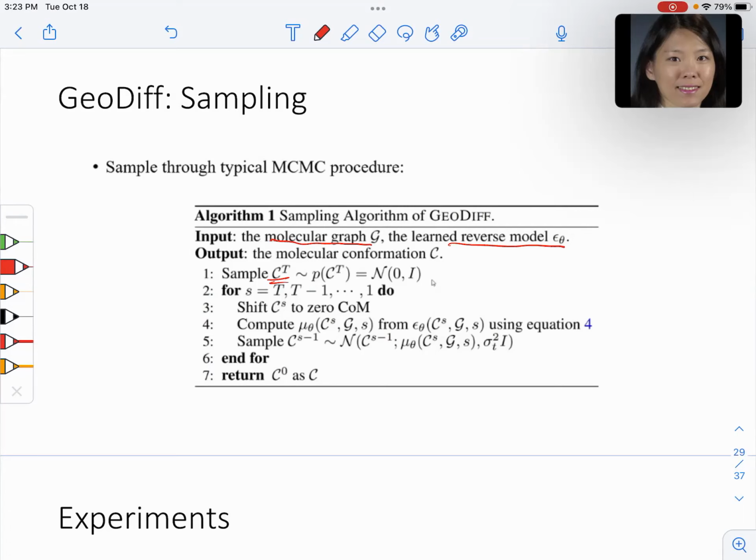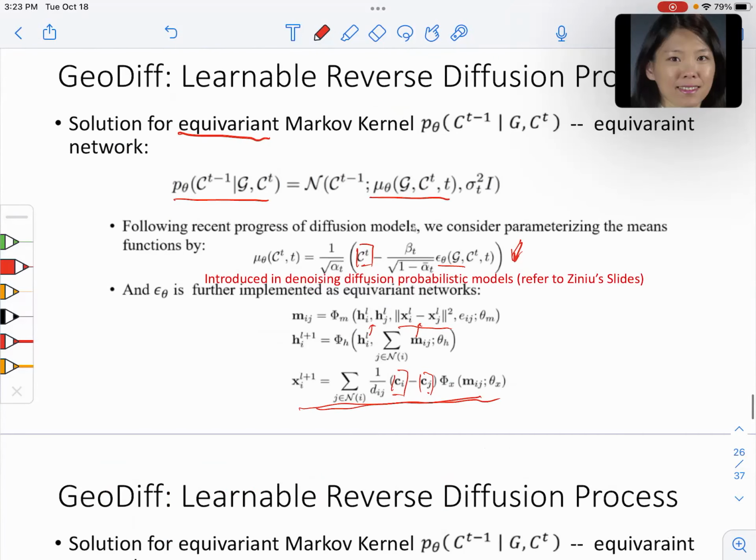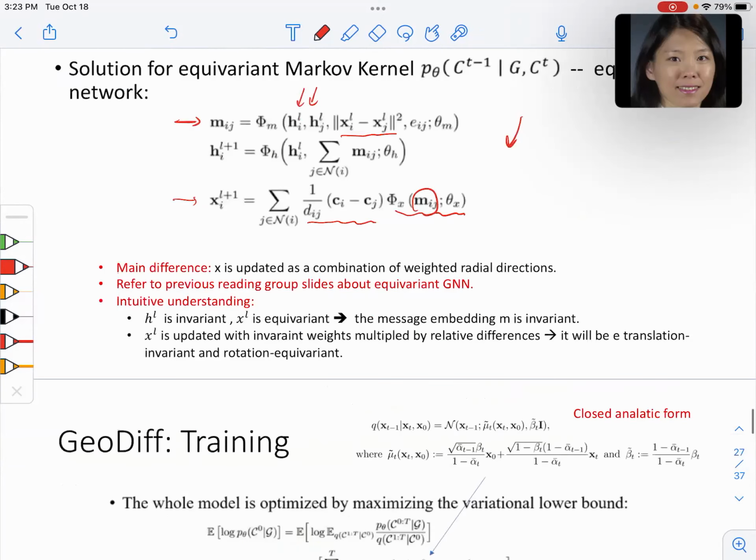And for each reverse diffusion step t, from T down to 1, we shift this C_t to a zero center of mass system by subtracting from each of the coordinates their average. Then we compute this mu theta based on the formula we defined here, where this epsilon theta is defined using an equivariant graph neural network to guarantee that the kernel is equivariant.